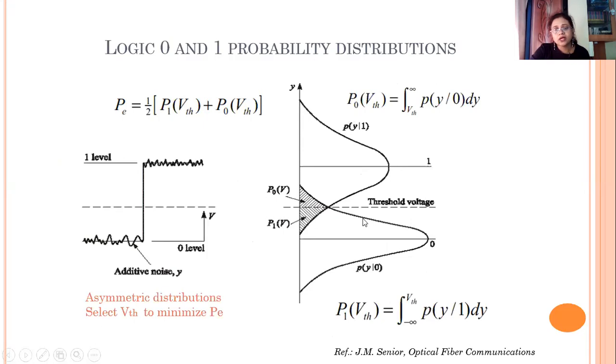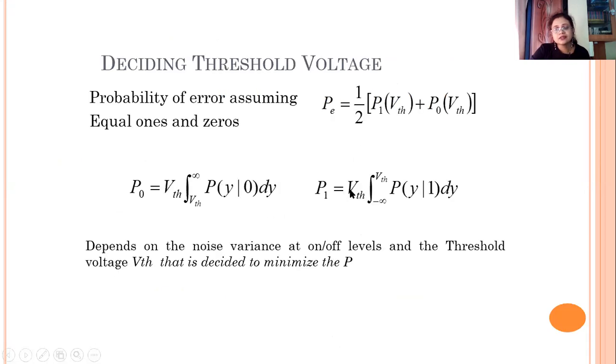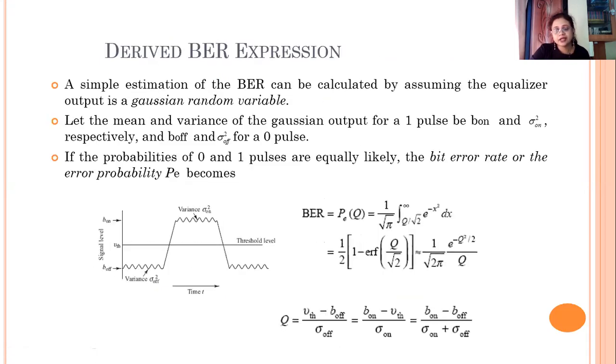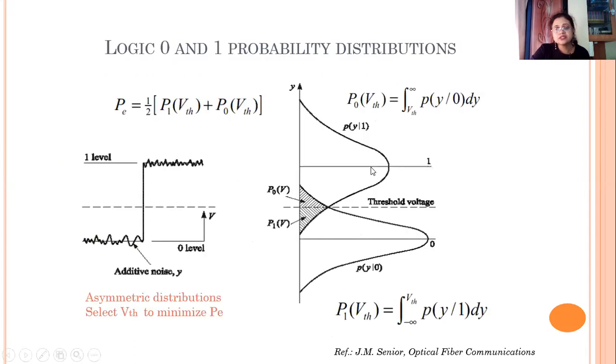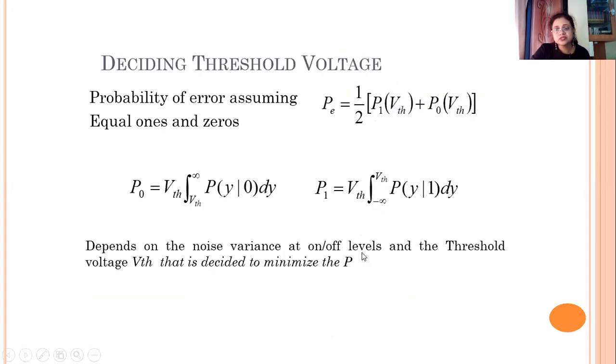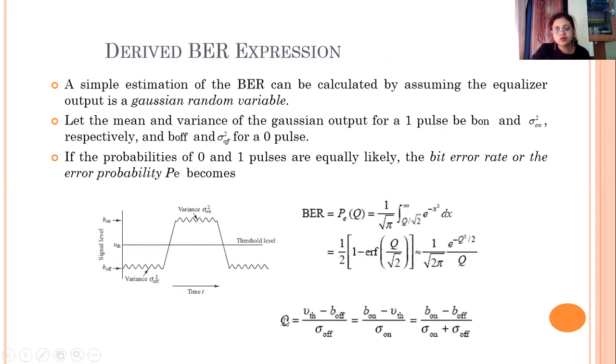How much noise is present. How this pulse is dispersed, whether it is narrow or wider, will define my variance. And the mean value is how much is the value into Q. So based on these two parameters, this quality factor can be expressed, and by simplifying it in the expression of this error function, the bit error rate can be expressed in terms of this quality factor.